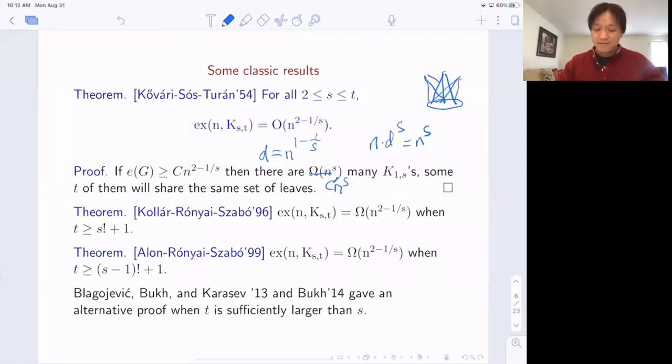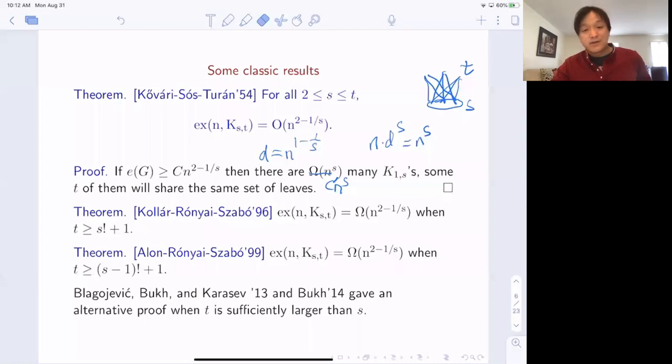That creates K_{t,s}. Again, I repeat the simple argument because later we'll see something more general. Now, this is only an upper bound. It's not known whether it's tight for every t and s.